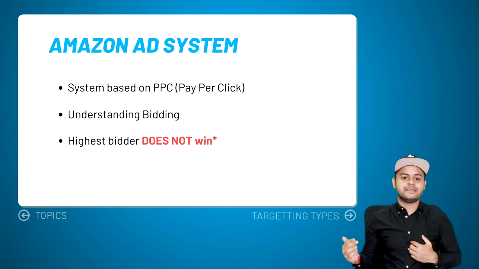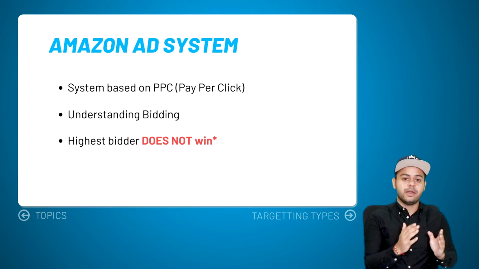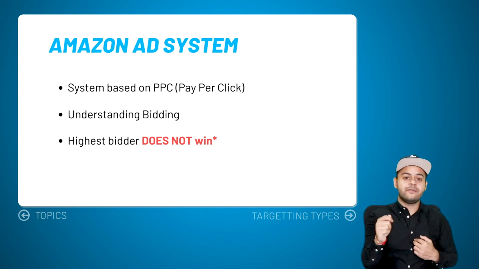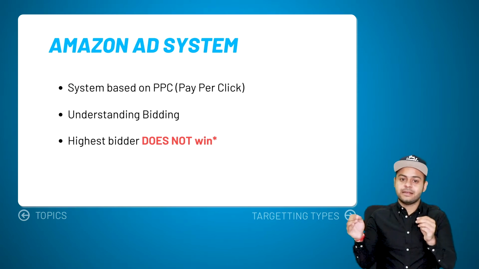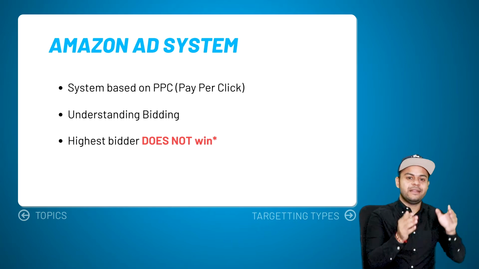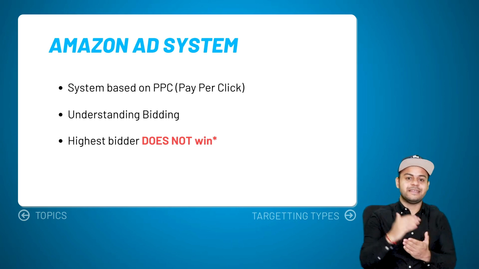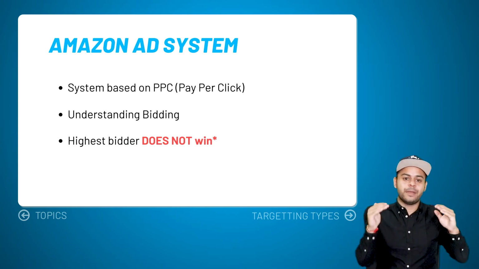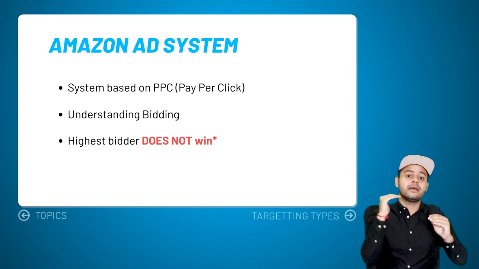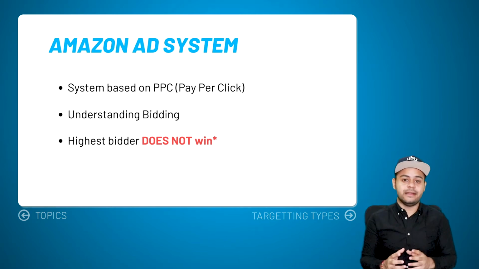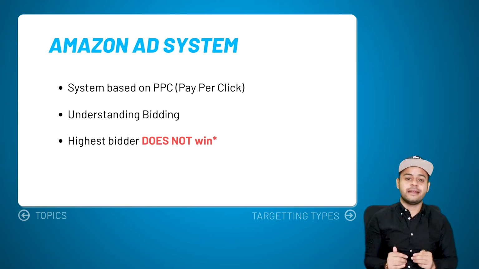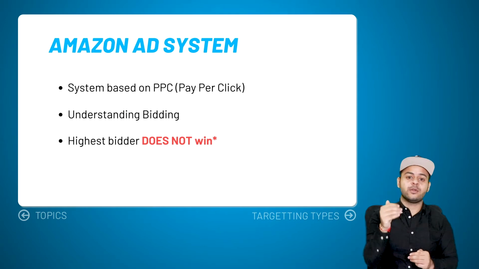And if there's another advertiser, advertiser B, who tells Amazon, hey, I will pay you 75 cents per click for the keyword garlic press, then advertiser B is going to win that impression count, which means they will get more impressions than you because they are bidding higher than your bid. So that's how Amazon will usually decide who will get the spot when they are trying to show ads for the keyword garlic press.